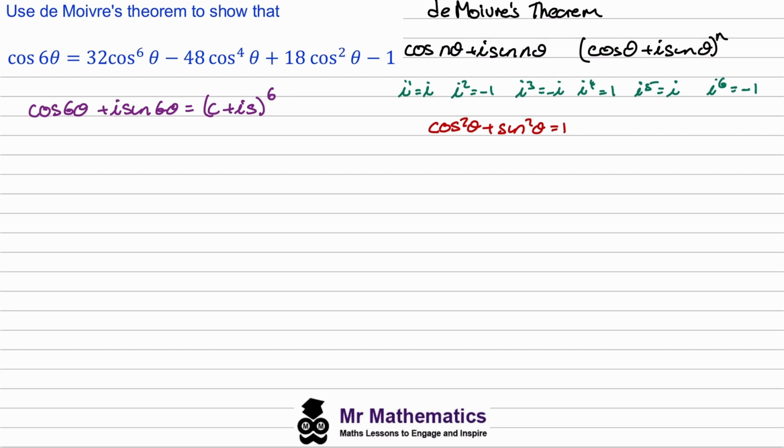So we'll begin by expanding c plus is to the power of 6. Our first term will be c to the 6, and then 6 choose 1, c to the 5, and then is to the power of 1. 6 choose 2 will give us 15, c to the 4, is squared. 6 choose 3 will give us 20, c cubed, and is cubed. 6 choose 4 will give us 15, c squared, and is to the 4.